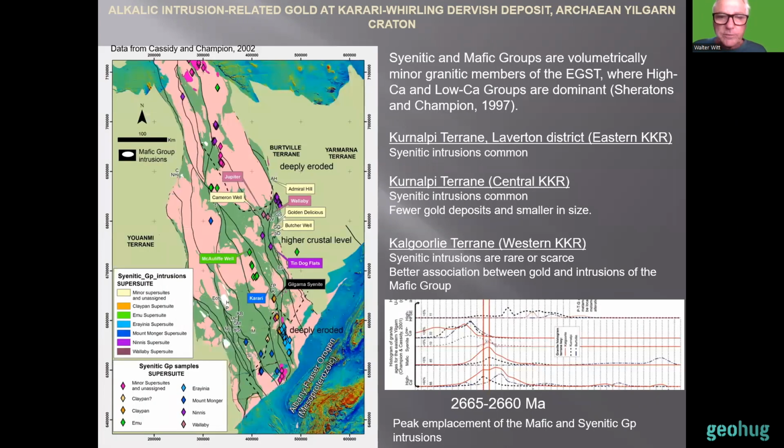This map shows the distribution of syenite group samples collected by Champion and Cassidy and color-coded according to the supersuites that Cassidy and Champion assigned to them.